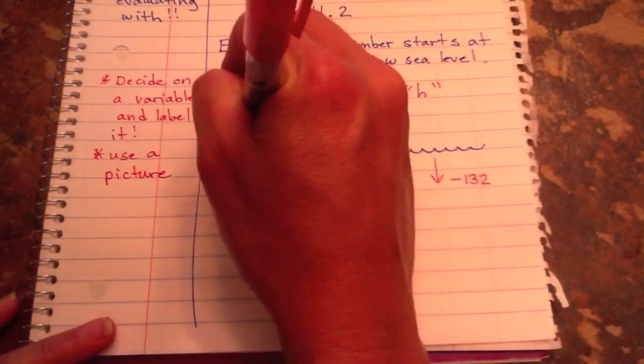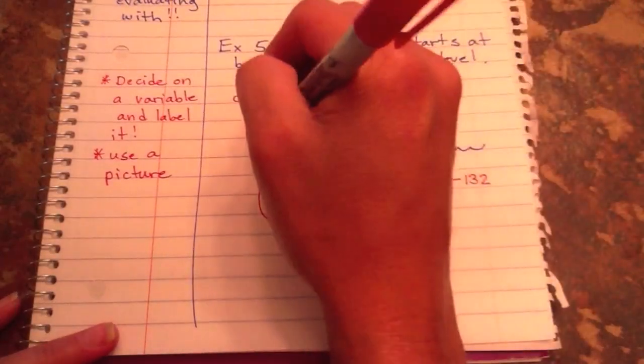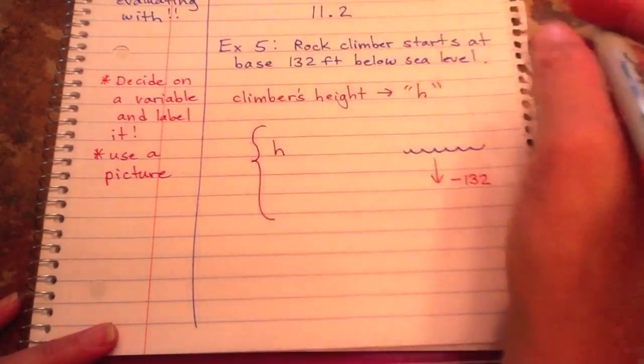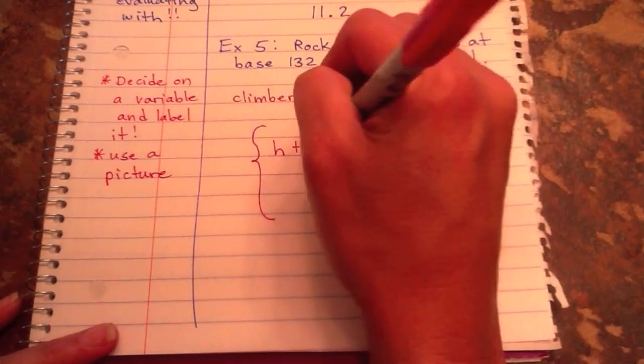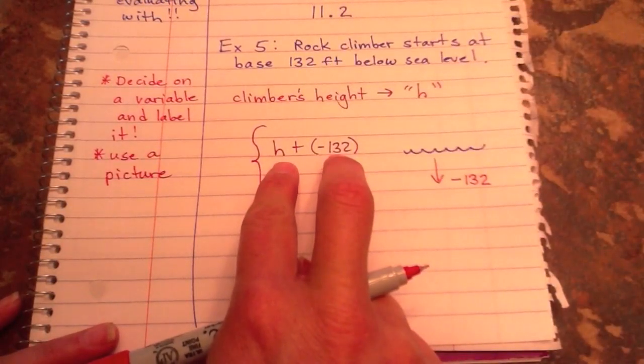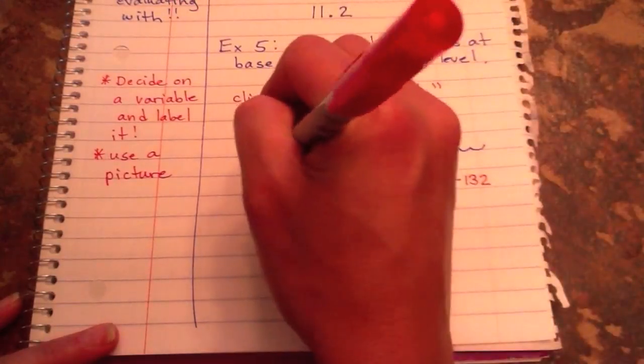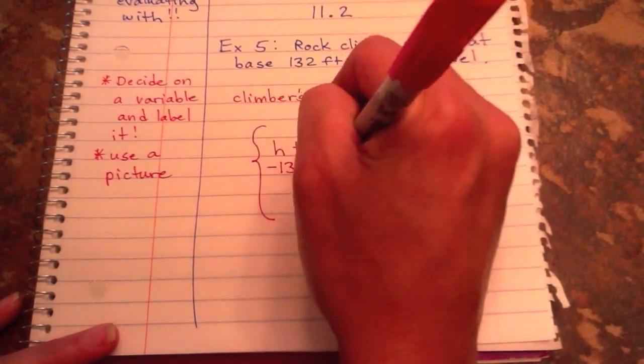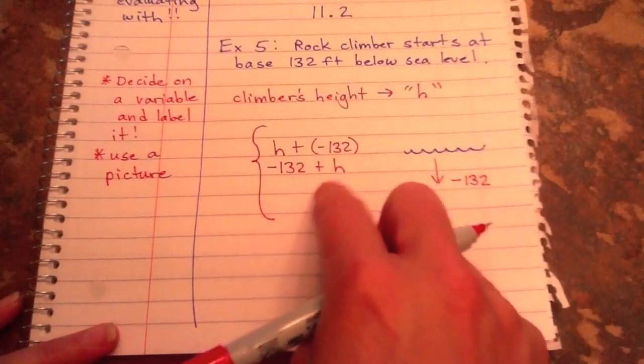So you have a couple different ways that this could be. You could have H plus a negative 132, and that's always going to balance out to whatever height they're currently at. You could have a negative 132 plus H, that's the commutative property allowing these to move around, still the same answer.